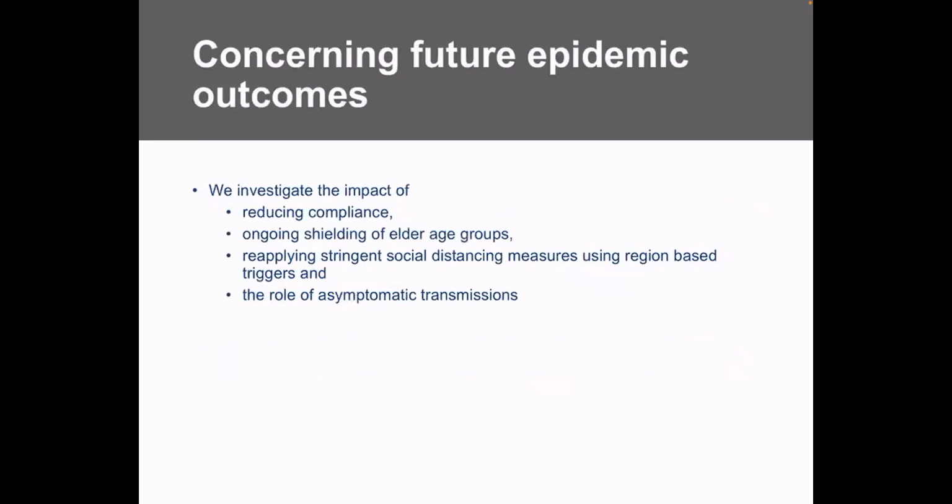Of course, considering the future epidemic outcomes, we also have to investigate the impact of reducing compliance. What do you mean by reducing compliance? Relaxation of lockdowns, which the UK is right now going through. I don't know whether you all are aware or not, but we have just delayed our complete relaxation by 4 weeks. And I strongly support that.